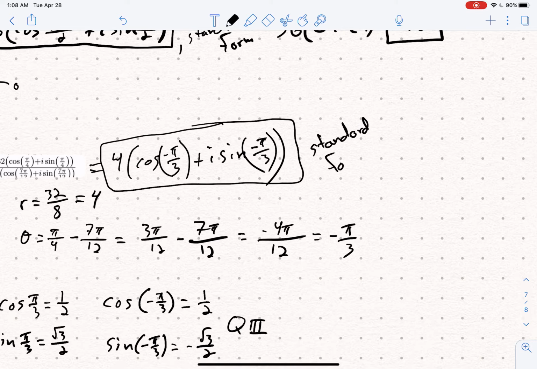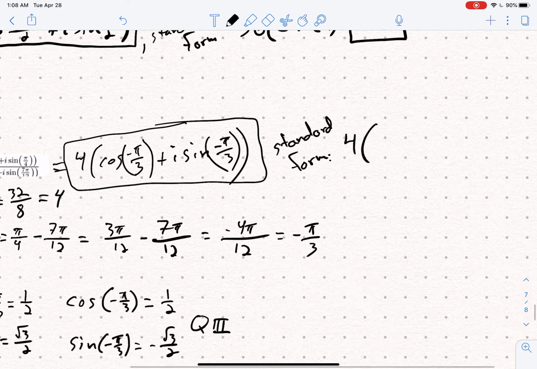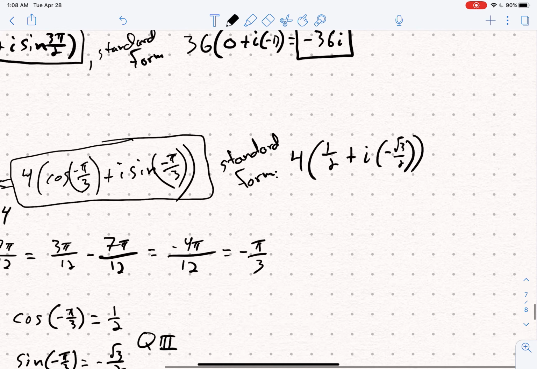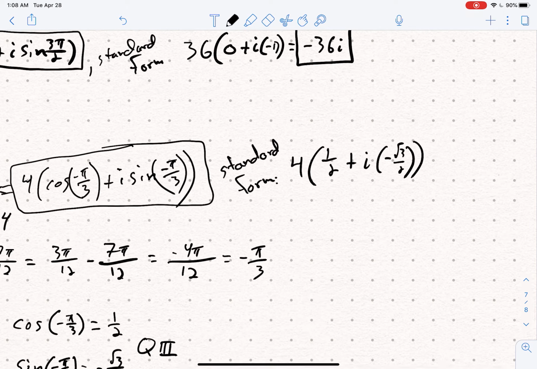So standard form is going to be 4 times cosine of negative pi over 3, which is 1/2, plus i times sine of negative pi over 3, which is negative radical 3 over 2. Now this one we can simplify a little bit. We're going to multiply the 4 through, and when we multiply the 4 through, things cancel.